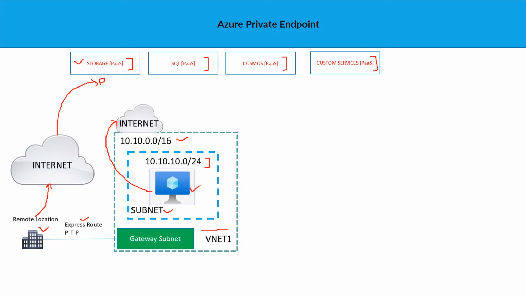Even from this VM that we created, if I want to use storage services, this VM connects to the internet and from there you go to the public IP address of the storage. However, Microsoft Azure claims this traffic is not going to leave the Azure WAN infrastructure, but ultimately it is all internet traffic. That is something you need to keep in mind.